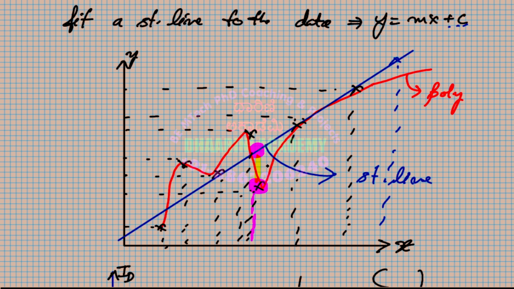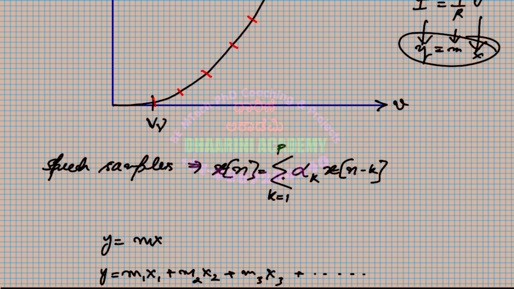So whenever I make an approximation, I bring in the term called error. Every term will have an error associated with it. Are you okay? So whenever I try to represent x of n, my speech sample, using a linear equation like this, there is an error associated with that, e of n. Are you okay with the error term now?